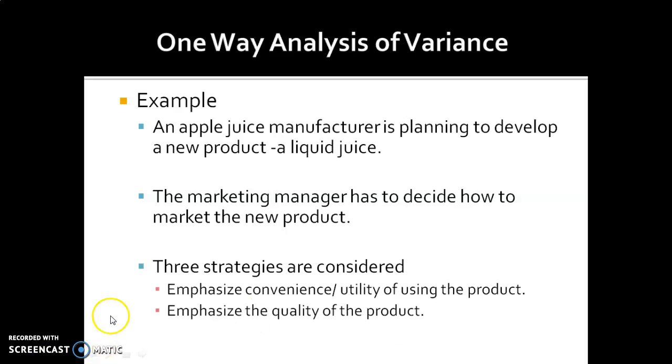Second thing, he can put more stress on the quality of the product. That means whenever you are going to the market and purchasing oranges, it may not be the case that each and every orange you have purchased will be of good quality. Just looking at the oranges, you can say that it is very good, but nobody knows how exactly the fruit is inside that peel of the orange.